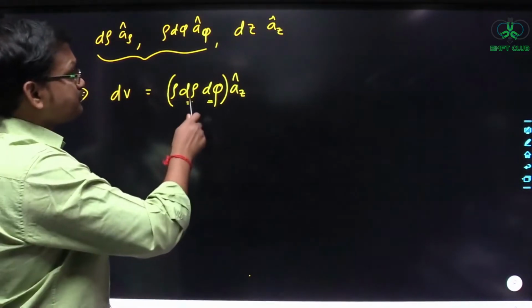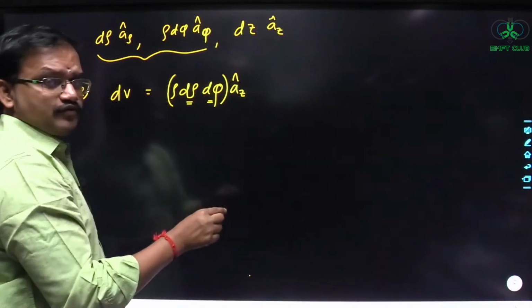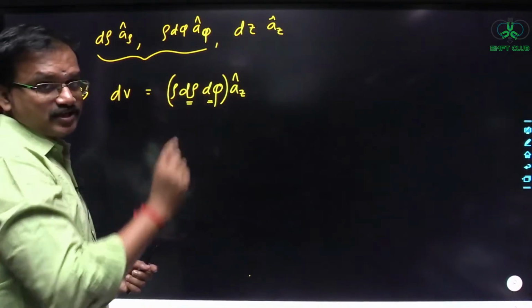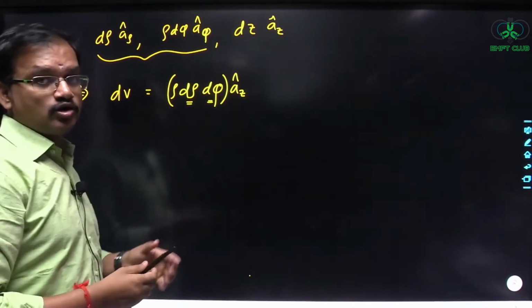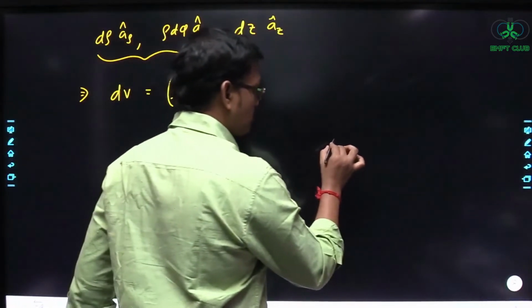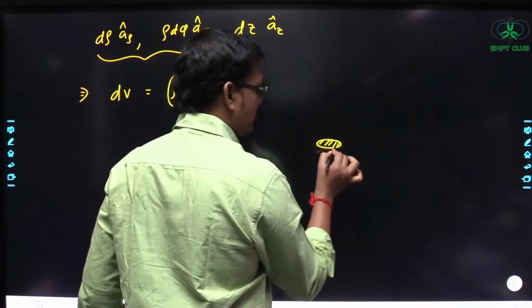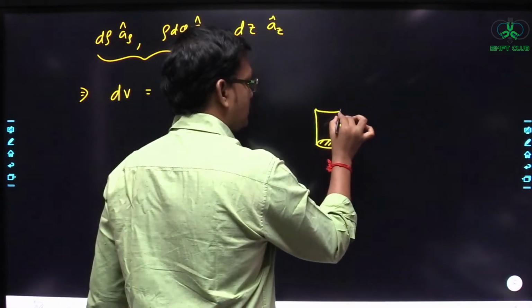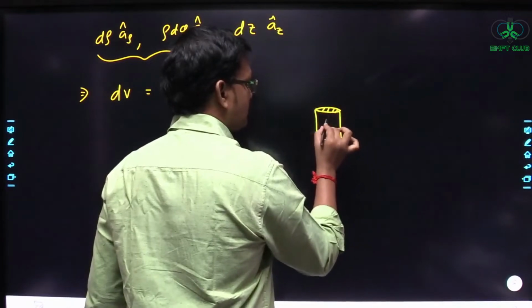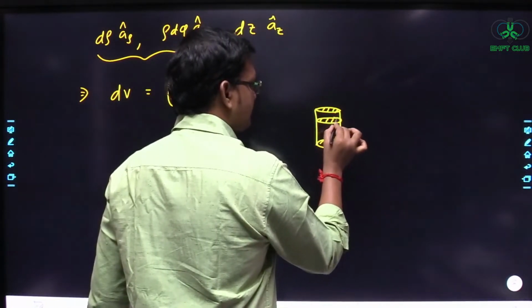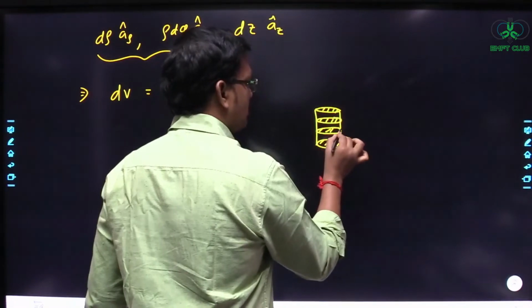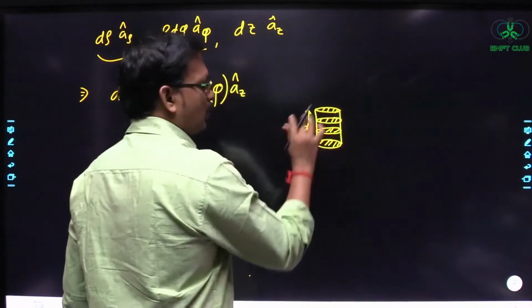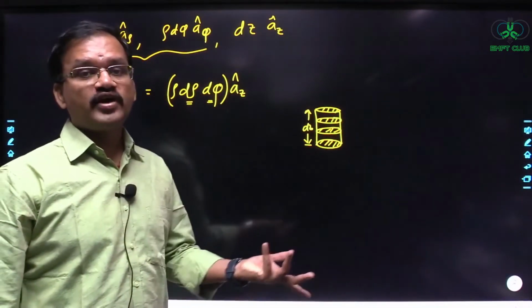Now if you extend that surface of a circle along the z direction by dz units, you are going to get the volume of a cylinder.